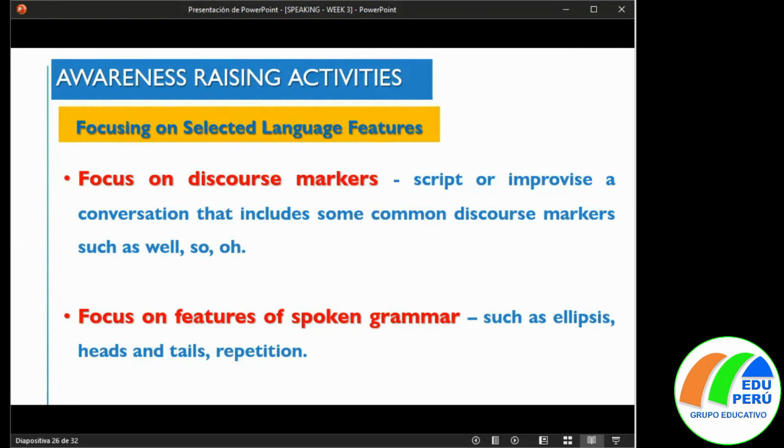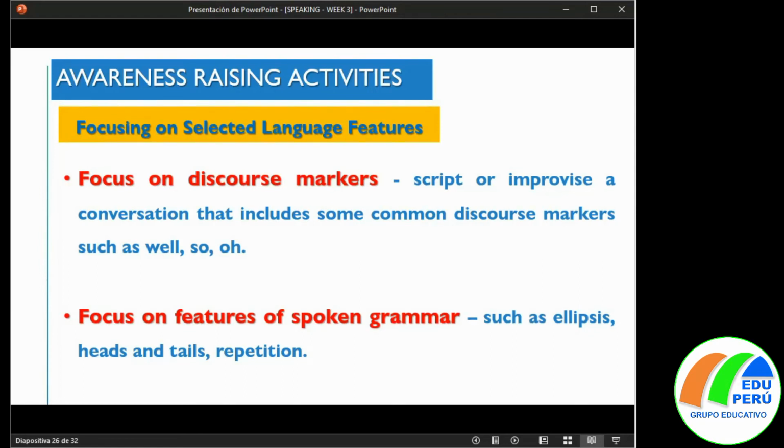When we speak, it's more spontaneous. So the structures related to grammar are different. So you have to give your students conversations that they could identify these ellipses, these heads and tails, these repetitions to make it more natural.